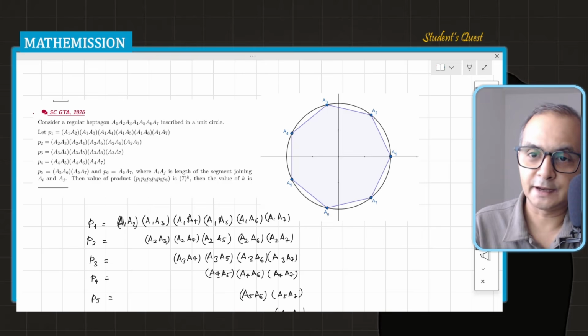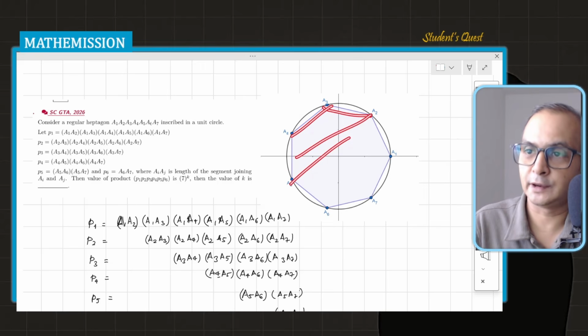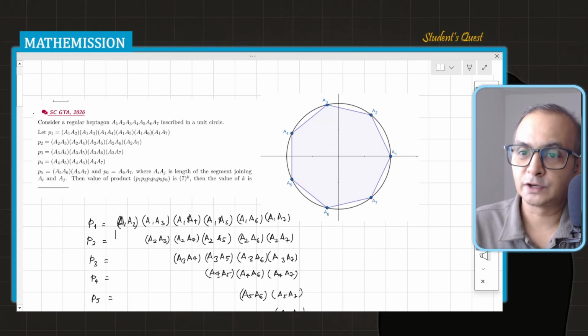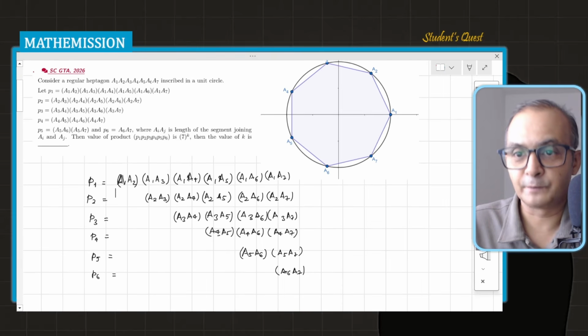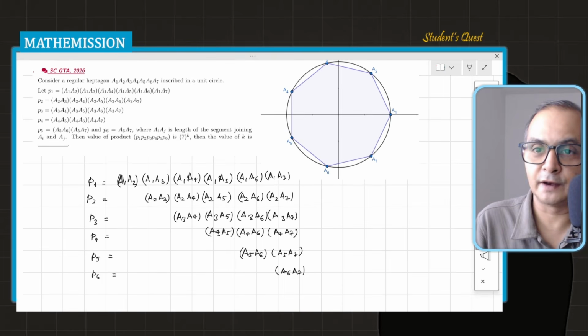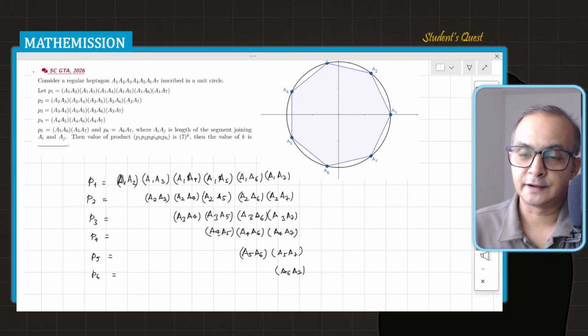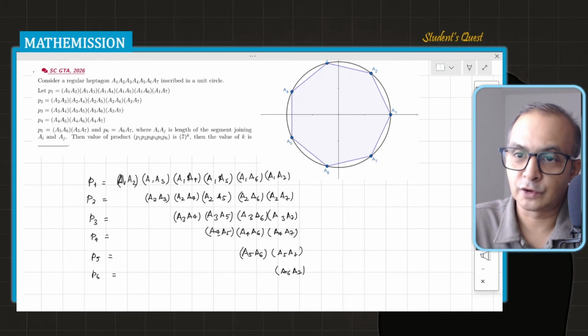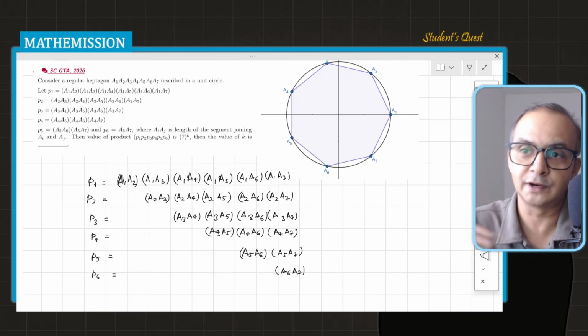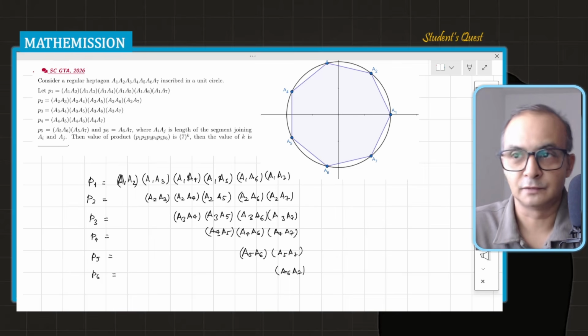So this is the product of all the lengths of chords, that's P1. But when we are deciding P2, we are just starting from A2: A2A3, A2A4, A2A5, A2A6, A2A7, and so on. Notice that in this P2, we are just missing A1A2 because we are finding the lengths of all the chords starting from A2, but we are not counting what has already happened previously.